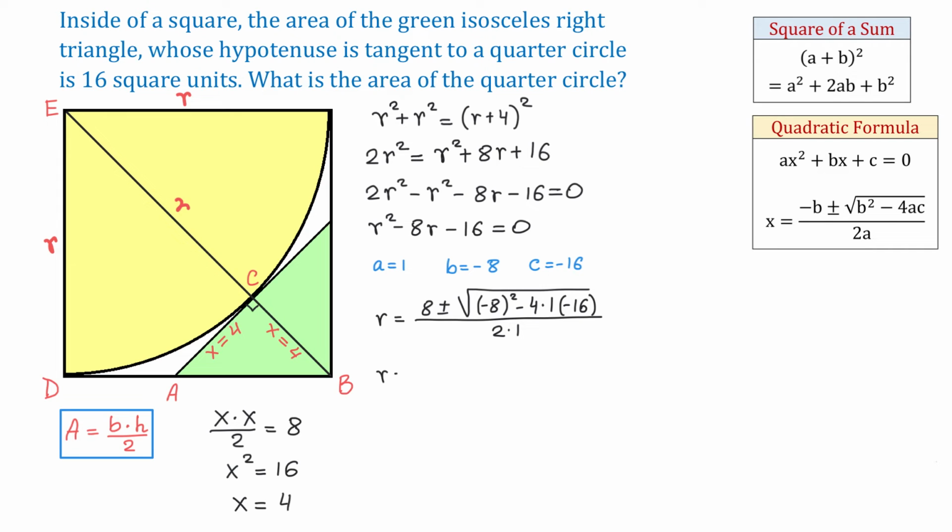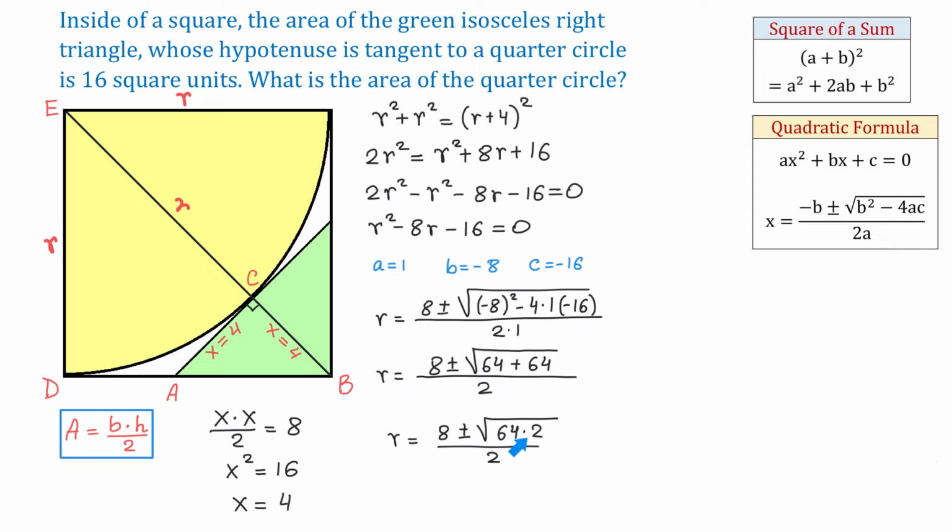Then r equals fraction 8 plus or minus square root, and inside negative 8 squared is 64, and negative 4 times negative 16 is another 64. All this over 2. Then we will write that r equals 8 plus or minus square root of 64 times 2, all divided by 2.